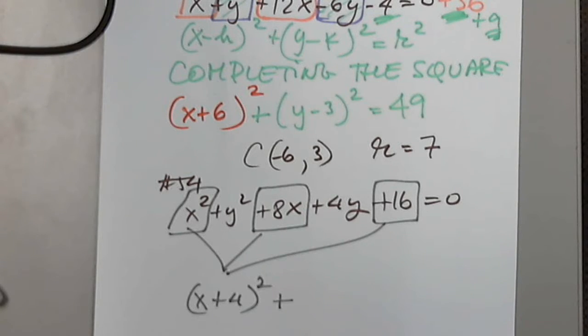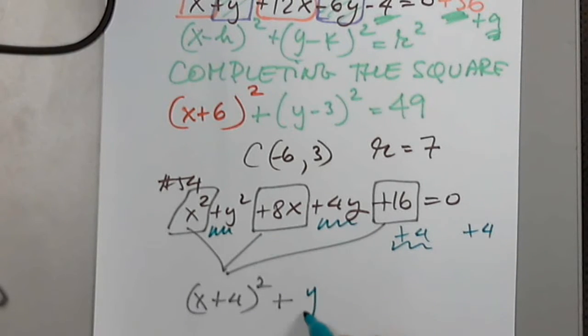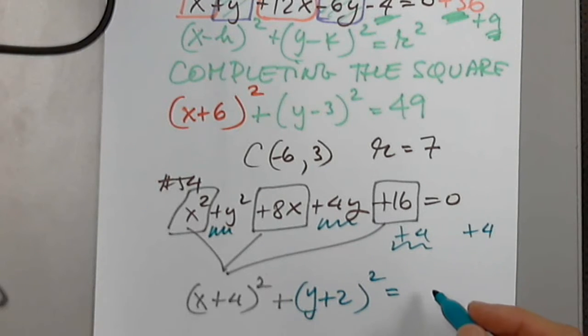Take a moment and tell me what we have to add to both sides to complete the square for y. Yes, for y, you just gotta add 4. Thank you. So then y plus 2 squared equals 16?